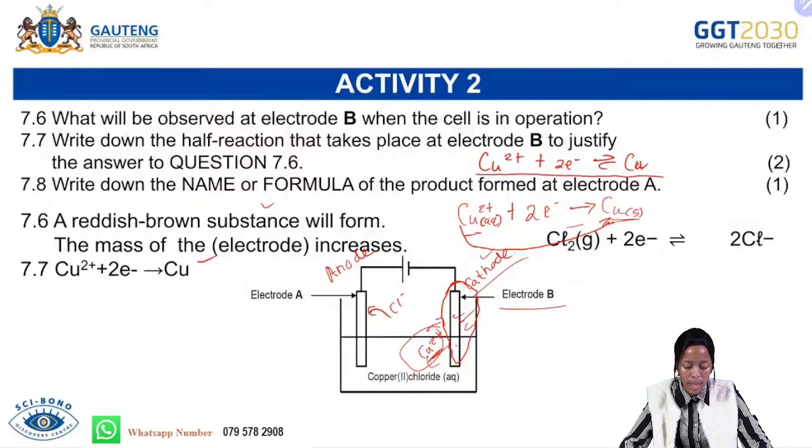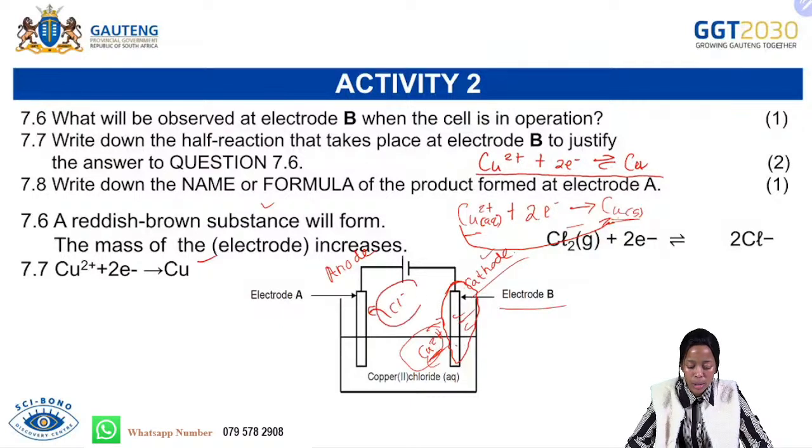Okay. The next one, 7.8, says write down the name or the formula of the product that is formed at electrode A. So with the product, how are we going to identify what is the product?